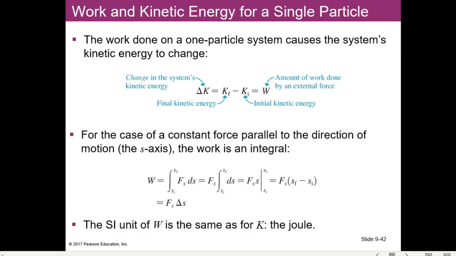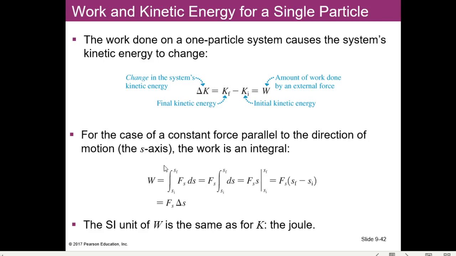Okay, so let's look at our definition of change of kinetic energy here. Remember, change in anything is the final minus the initial. And what we're going to say is that our general work kinetic energy theorem is that the net work done, the total amount of work done on a system, must equal the change in the kinetic energy.